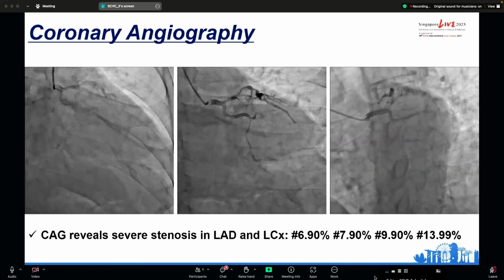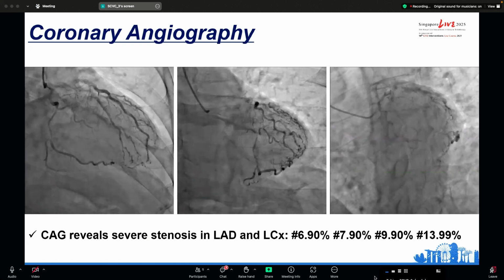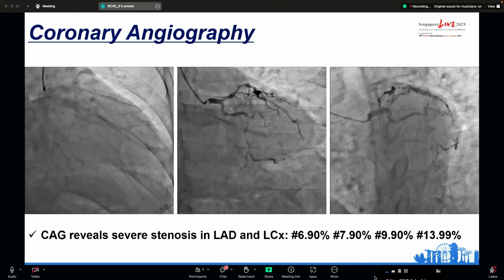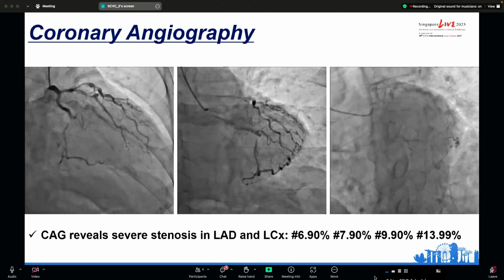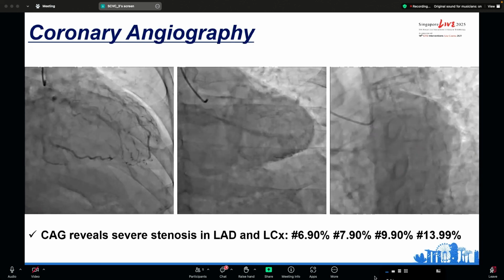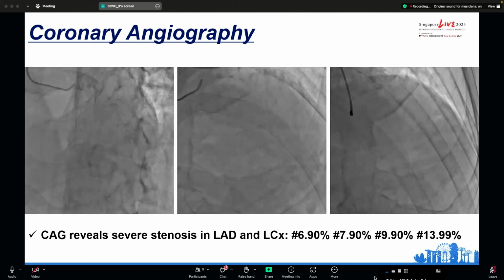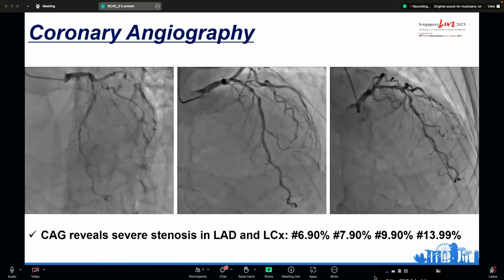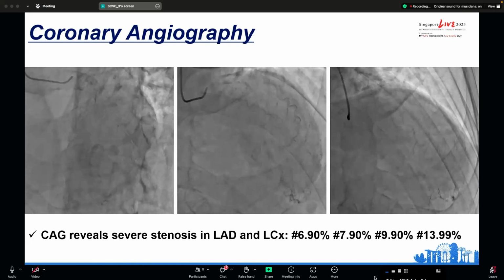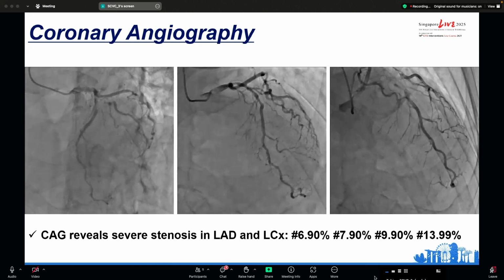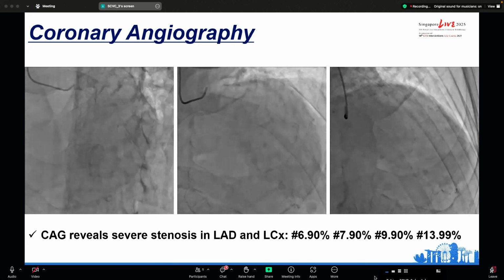This is the coronary angiography in caudal view, and left circumflex segment 13 has 99% stenosis. And these are cranial views. LAD segment 6, segment 7, and the first diagonal branch have 90% stenosis. These are the target lesions of this session.